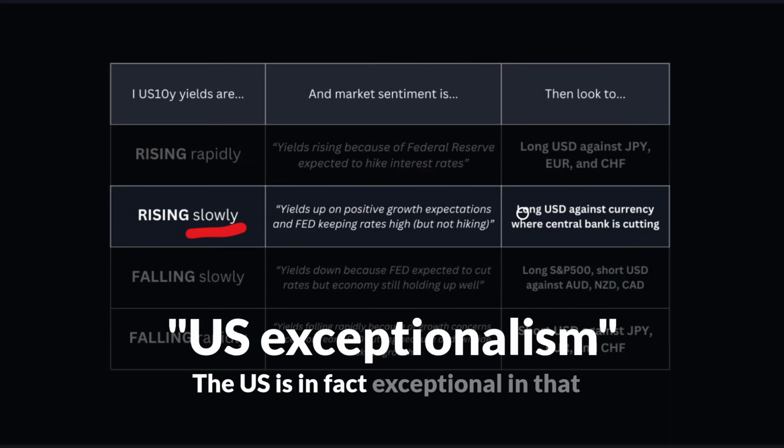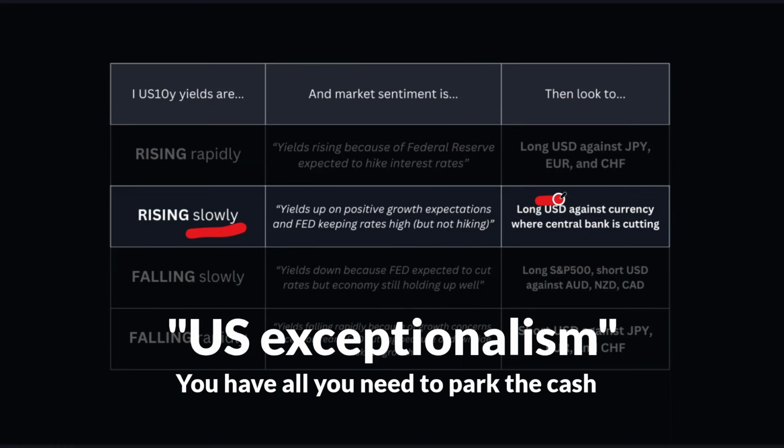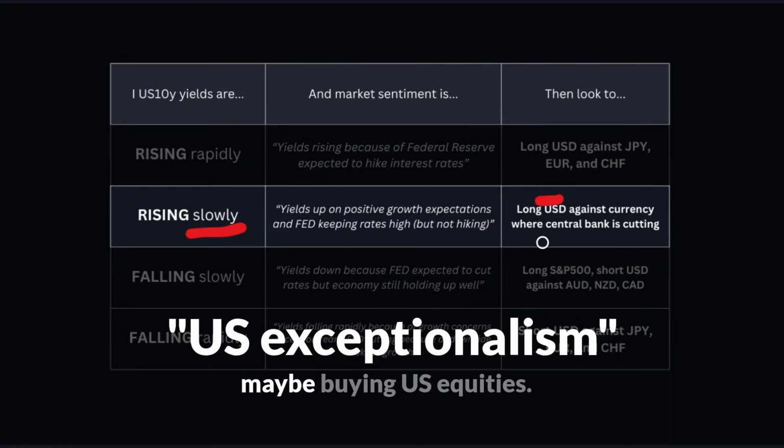The US is in fact exceptional in that case. High yield, solid economy, you have all you need to park the cash on the dollar, on the US economy, maybe buying US bonds, maybe buying US equities. So this creates an environment that is supportive for the dollar because there's a lot of inflows that go to the US, either by buying bonds, either by buying equities and such.